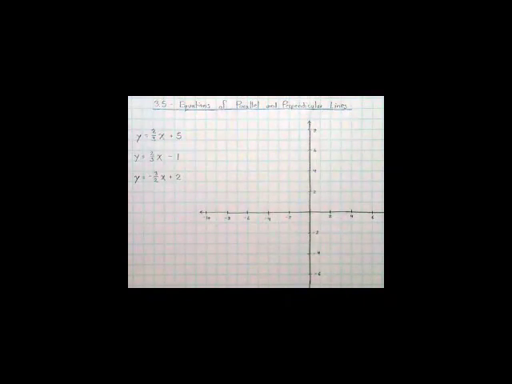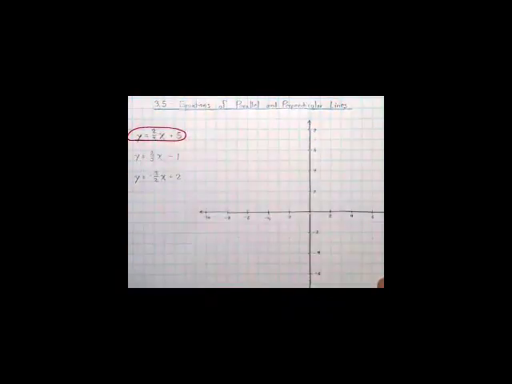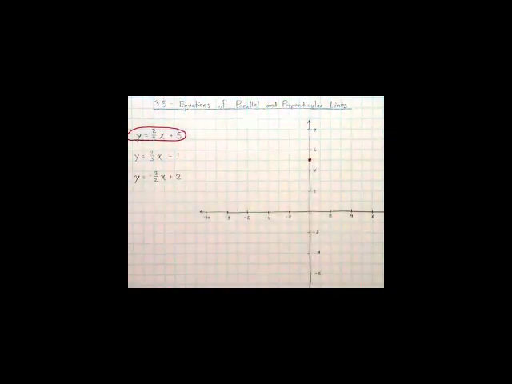So the first one, this will be our red line that I'll do. We talked about, at the end of the last assignment, you guys had to identify slope and y-intercept of equations of lines. So for this one, what's the y-intercept? Yeah, Savannah. 5. Okay. So that means on the y-axis, we start at 5. So put a little point right there. Okay, so then, what's the slope of this line? Nolan? 2/3.